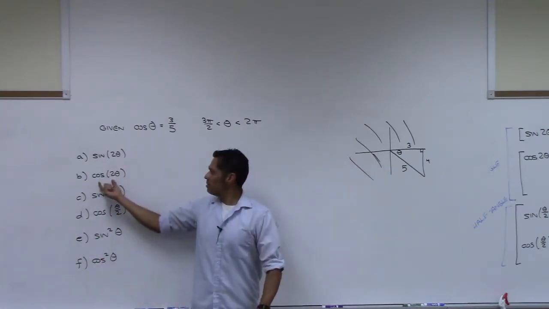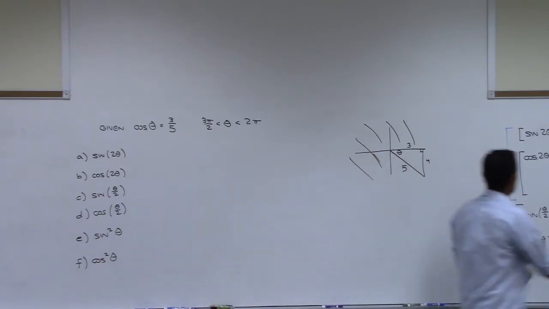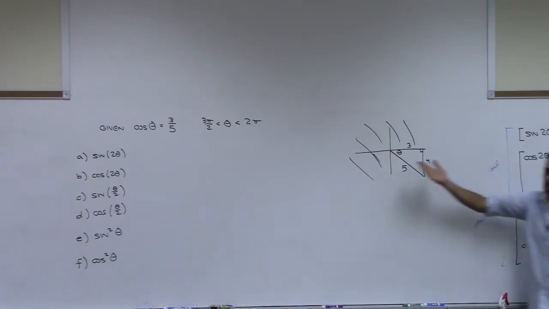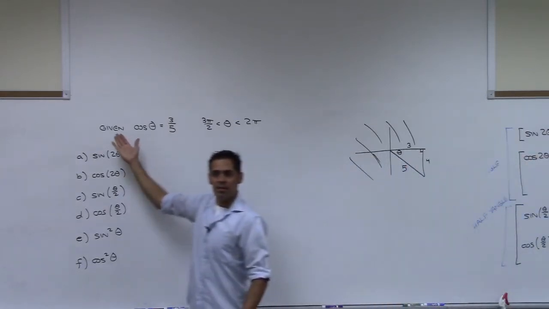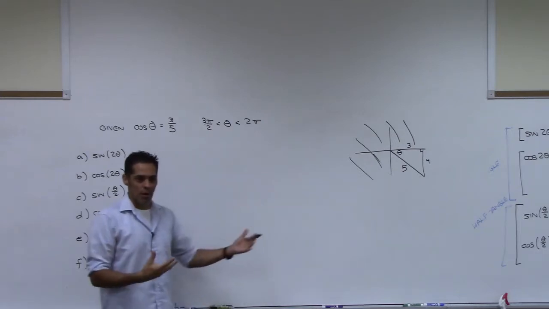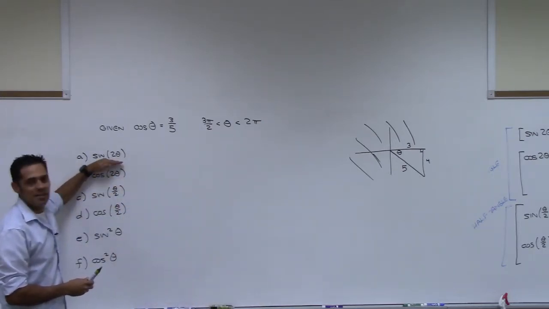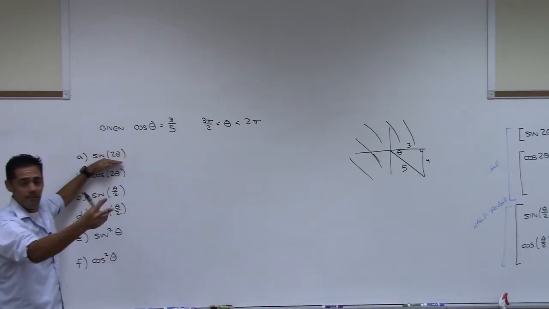No, because to find cosine of 2 theta, which of these three would I want to use? The third one, because the third one requires you just know cosine theta, which I was given. So I wouldn't need to do all this work if all I wanted was this. But because I have to do this, I need both sine theta and cosine theta.